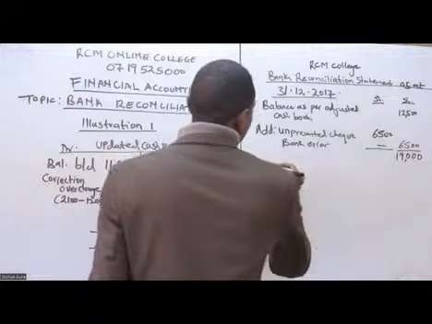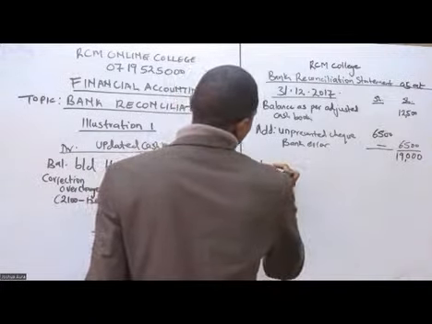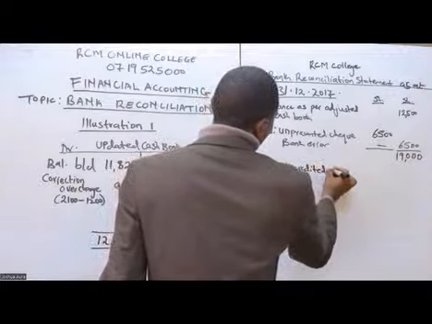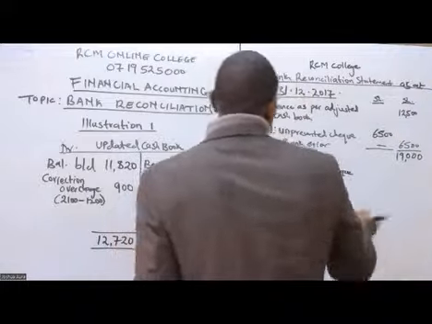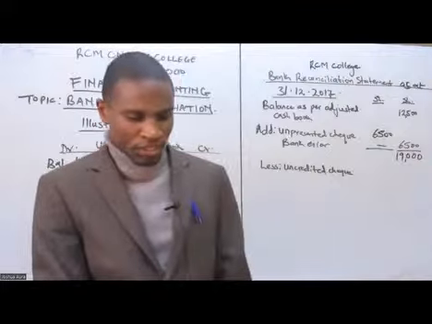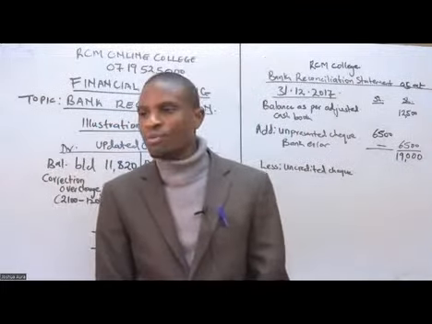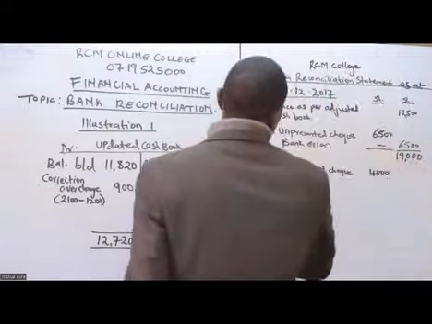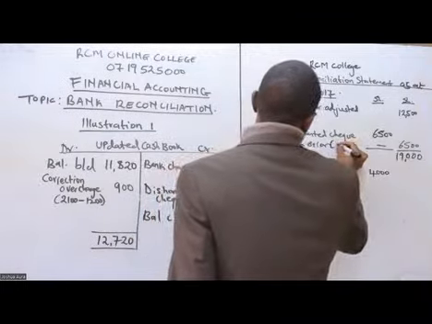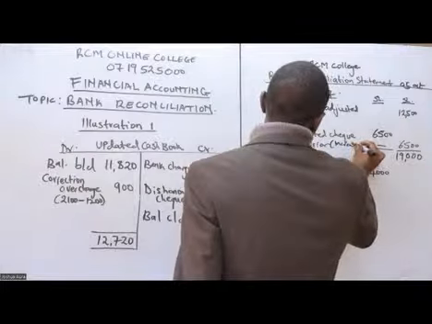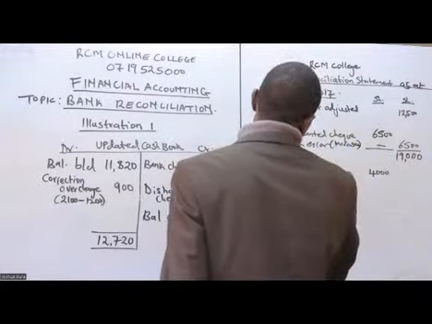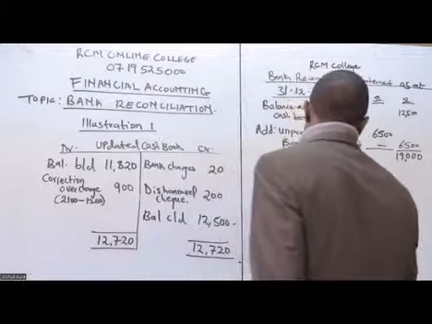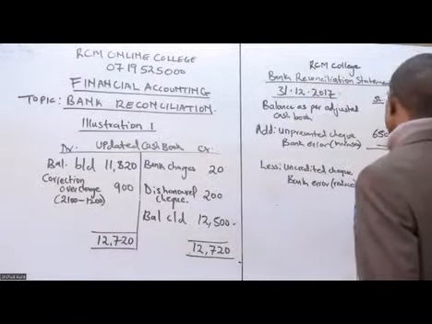Then less any uncredited check. You can look at the question. We are given one there, amounting to 4,000. So this is an uncredited check of 4,000. If we had a bank error that increases the bank balance, or one that reduces the bank balance, we would adjust, but we don't have any.